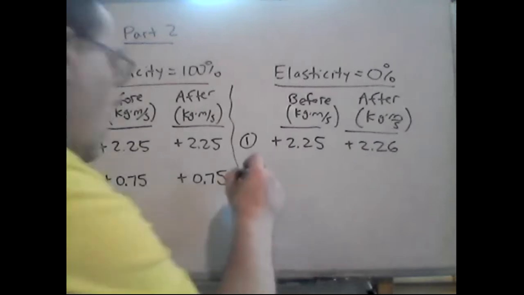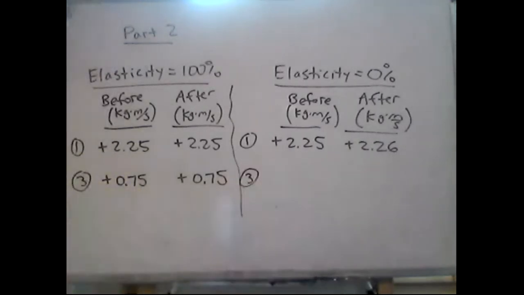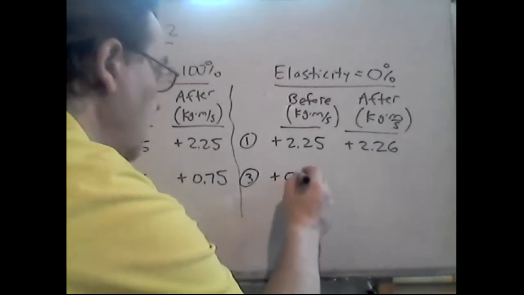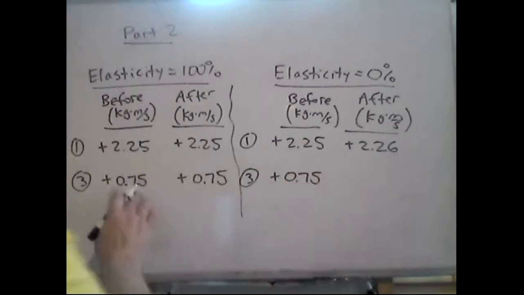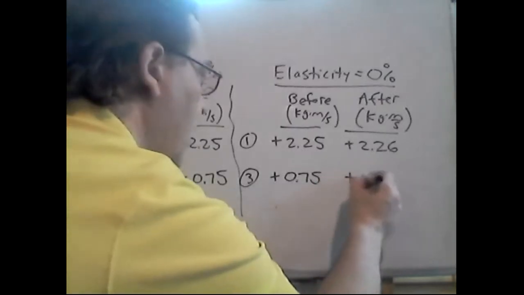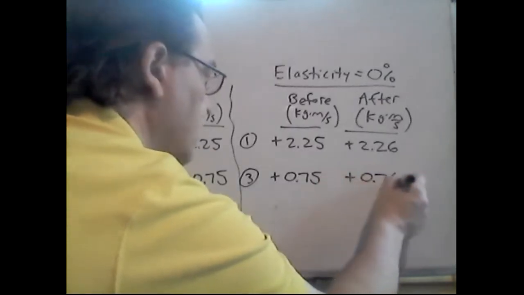And for case 3, you go through all the numbers we went through, and you would see that before, this is what I got, positive 0.75 before, just like before, no surprise. But afterwards, there's a little bit of error, positive 0.76, and so on.